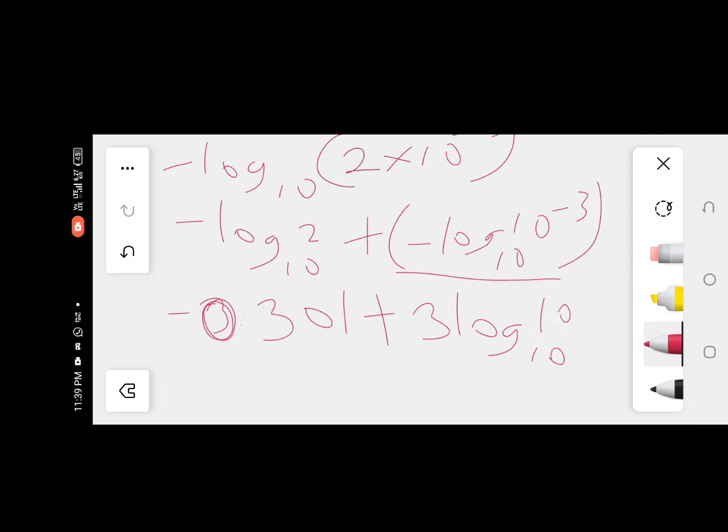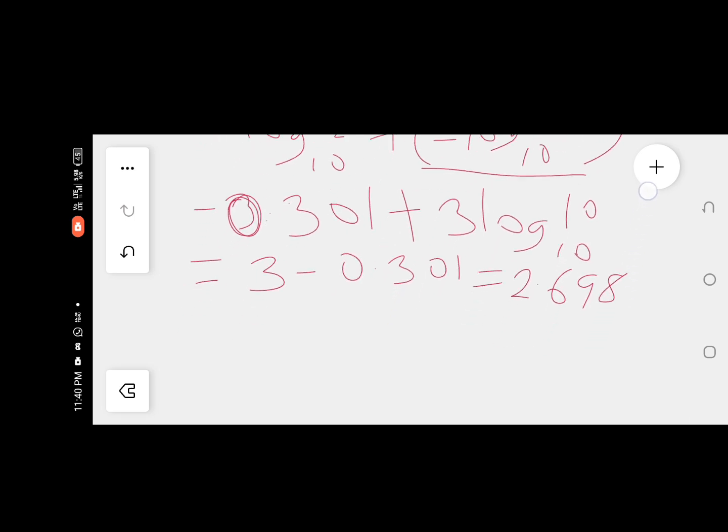So what I have left is minus 0.301 plus 3, which is the same thing as 3 minus 0.301. And if you calculate this in your calculator, the answer will be 2.698.